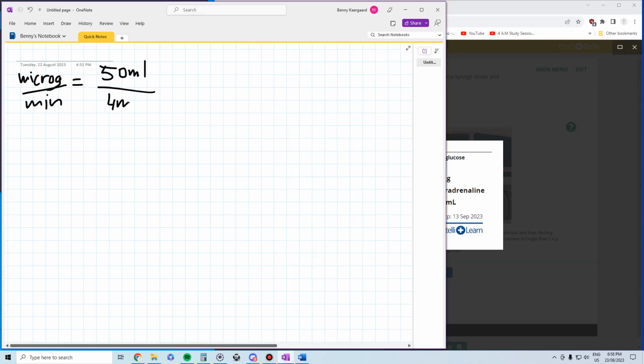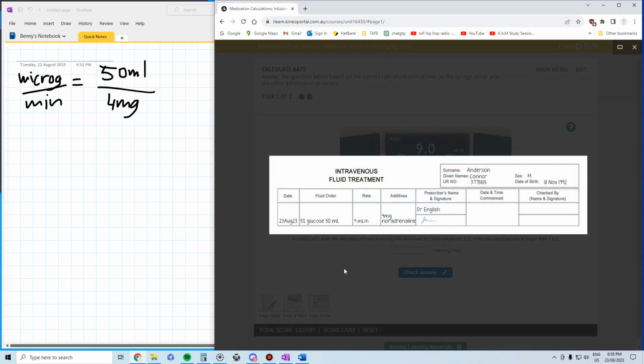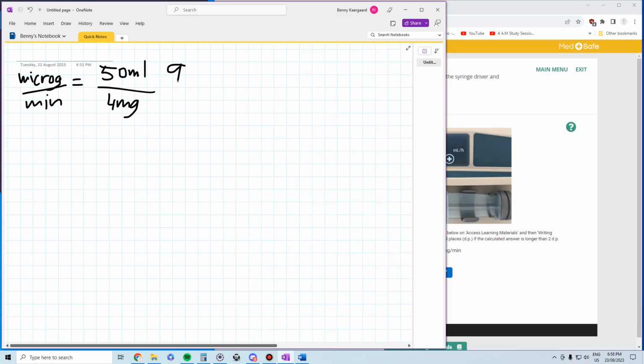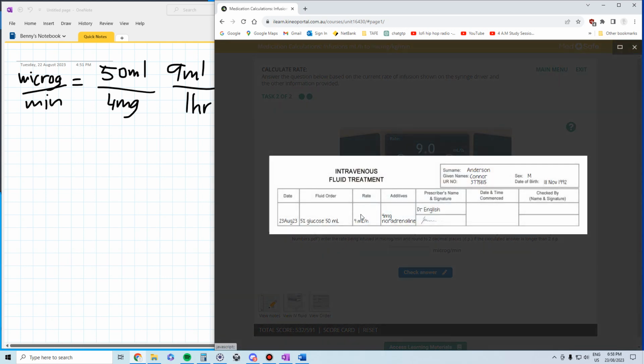For milligrams. We've got 9 mils, 1 hour. I already know this is wrong. You can see how we got 2 mils up the top and it can't work. But that's okay. Got that, got that.